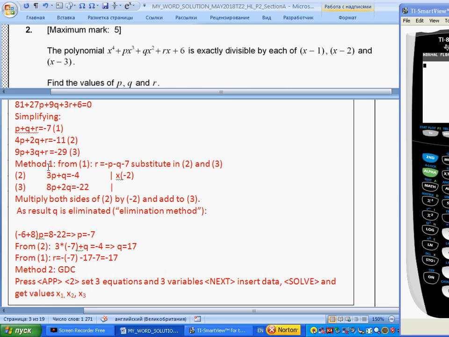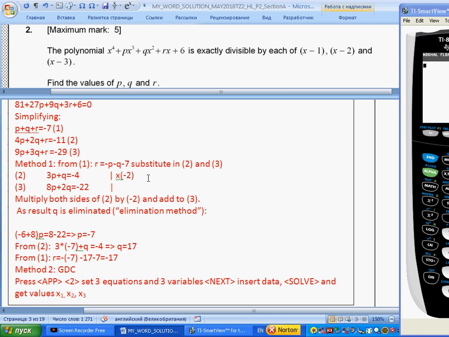This is method 1. From equation 1 we can express r in terms of p and q. Then substitute r in equations 2 and 3, and we'll get 2 new equations from which we can easily get rid of q.